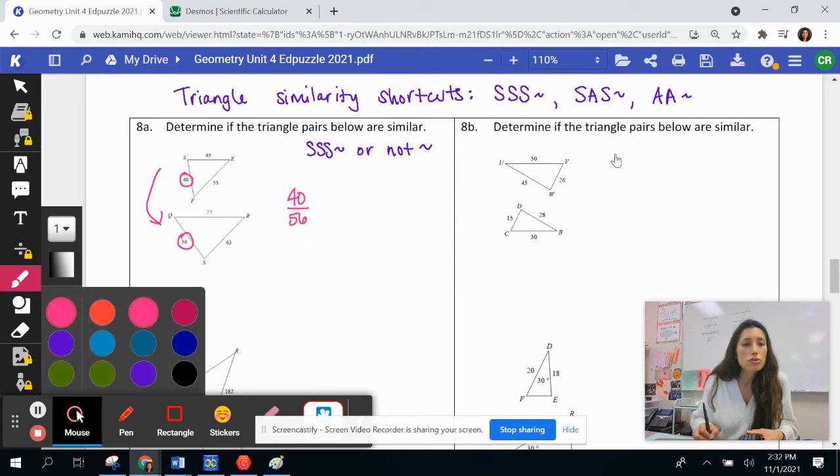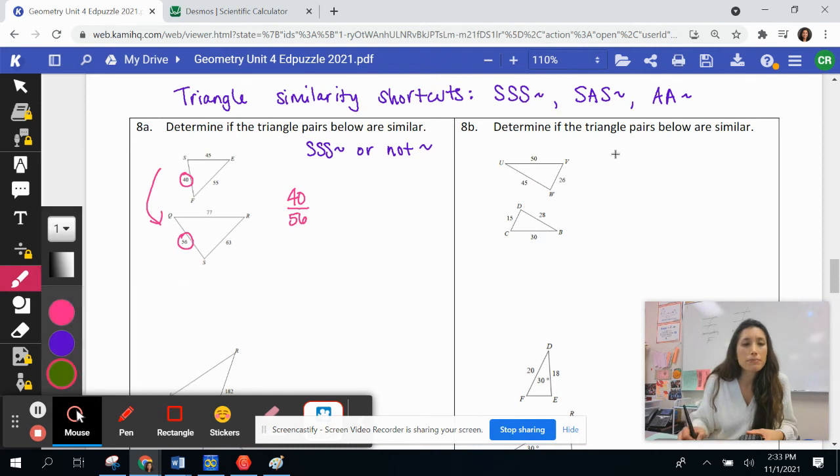Let's do the 2 middle sides. So 45 is the next biggest. 63 is the next biggest. So we're going to do 45 over 63. And then our 2 largest sides would be the 55 and 77.